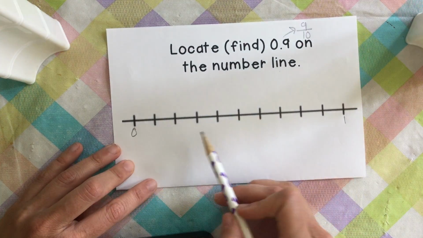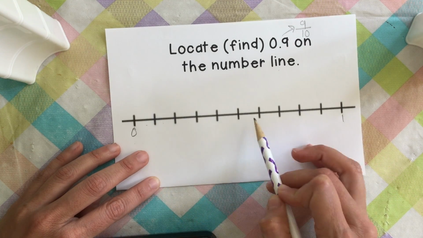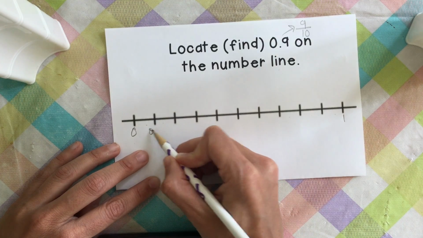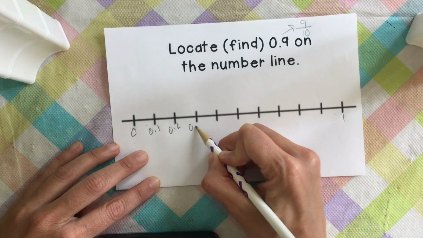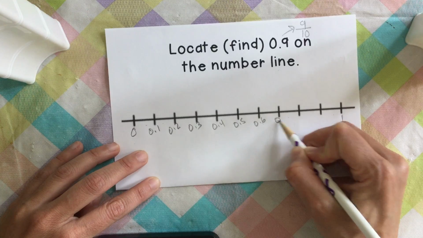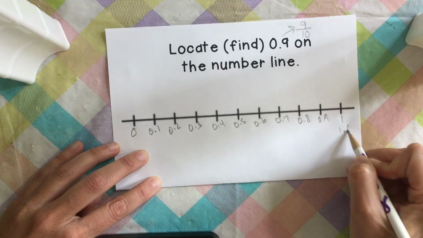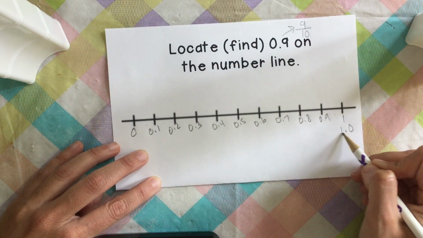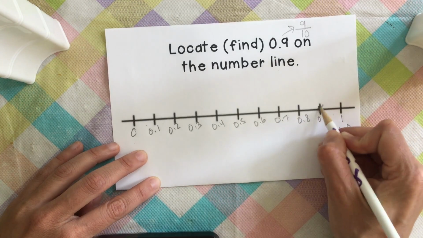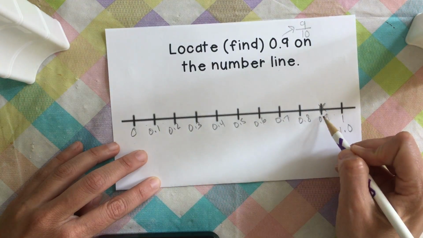Well, we know from 0 to 1 we have 10 equal pieces, 1, 2, 3, 4, 5, 6, 7, 8, 9, 10, and then we can label them as decimals: 0.1, 0.2, 0.3, 0.4, the midpoint 0.5, 0.6, 0.7, 0.8, 0.9, and then you have your 1 whole, 1.0. Remember, it becomes 1 whole. So 9/10 or 0.9 is right here. You can mark it with an X or a circle. That would be where 0.9 is.